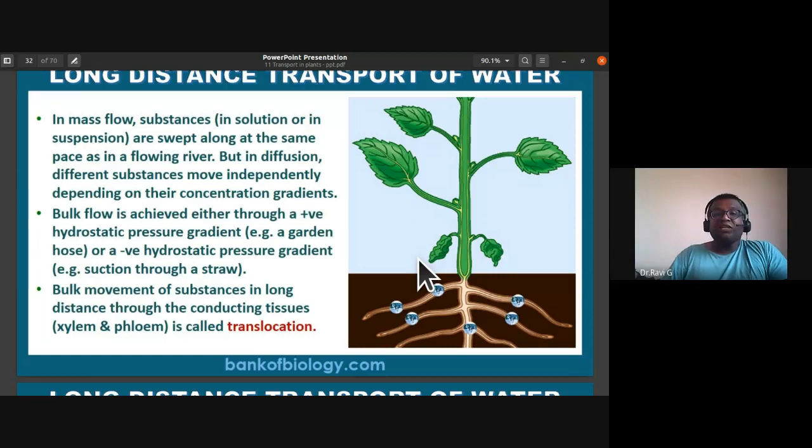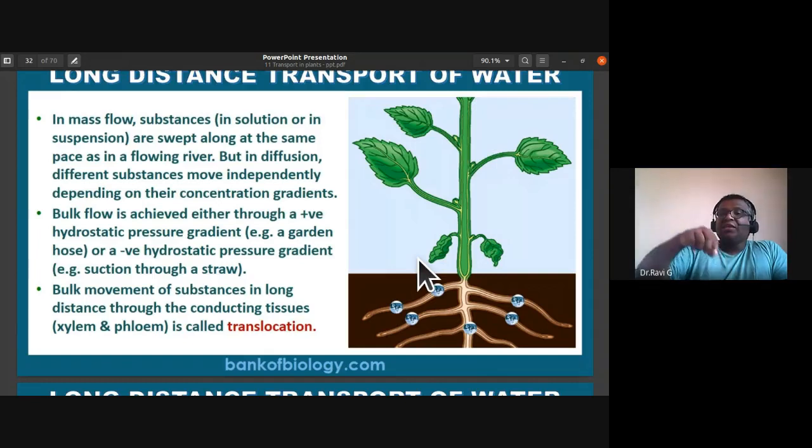This is similar to the suction of a soft drink through a straw. Whenever a straw is in the soft drink bottle, the liquid doesn't climb on its own. So we create a negative water pressure or hydrostatic pressure gradient by sucking. Once the air is sucked in and a vacuum is created, the negative hydrostatic pressure gradient is created.